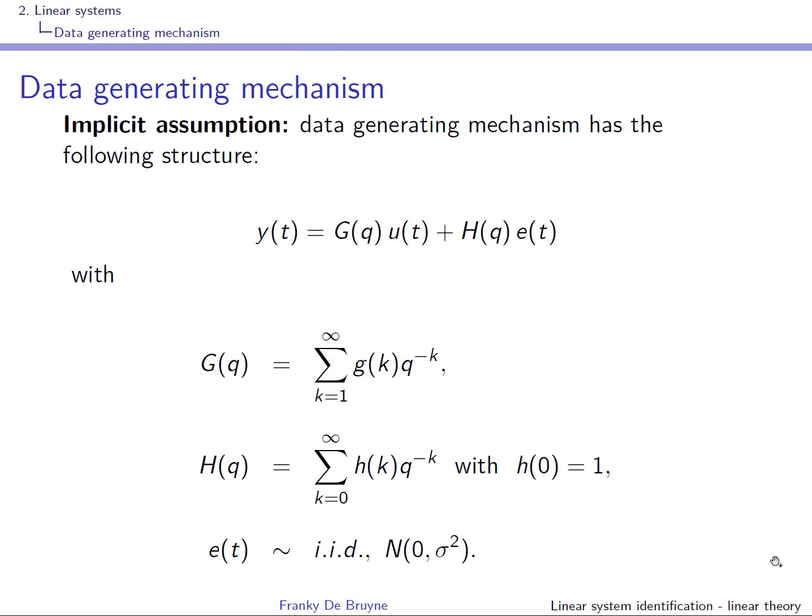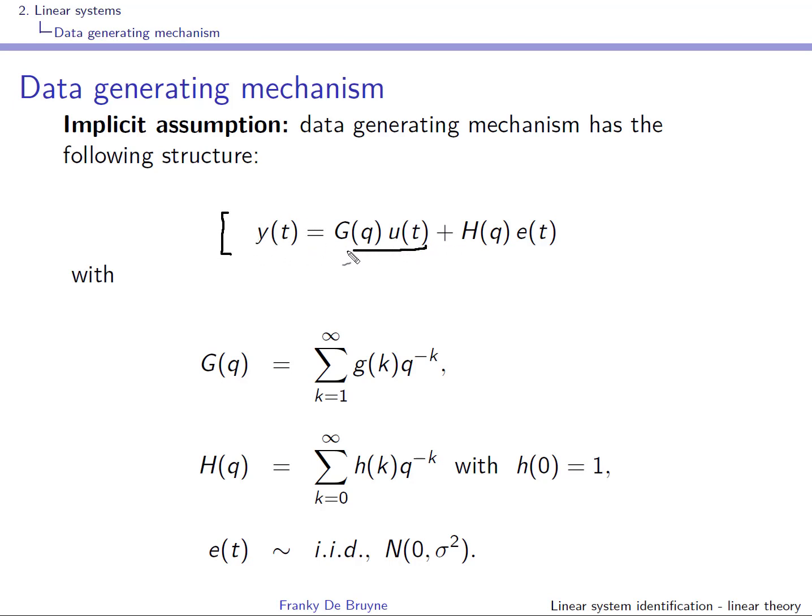So here is the data generating mechanism that we are considering, and the implicit assumptions that we make on this generating mechanism. So we assume that the input-output data are generated according to this equation over here. So y is the sum of two parts.